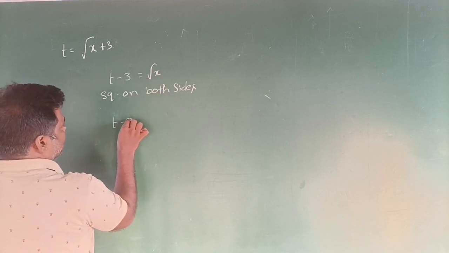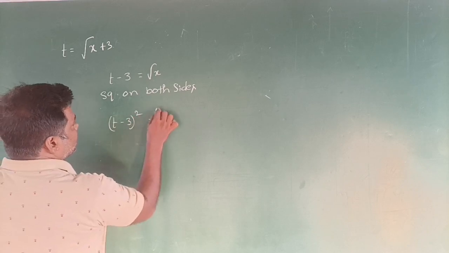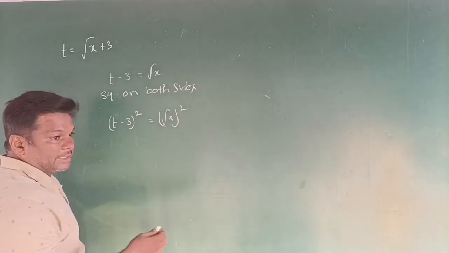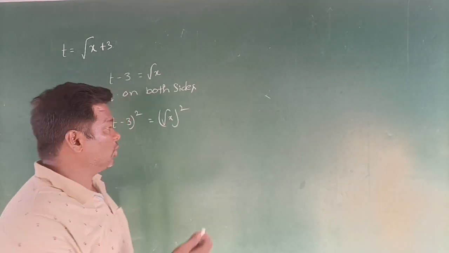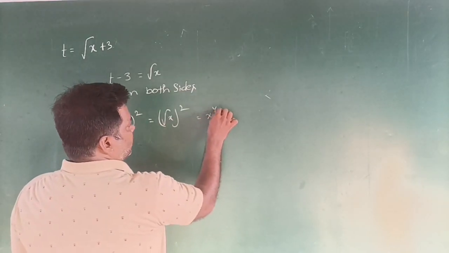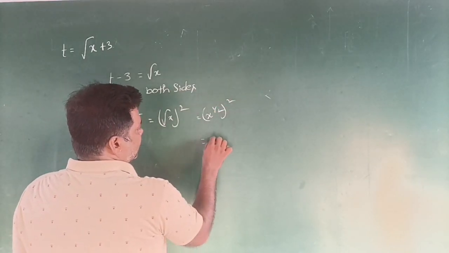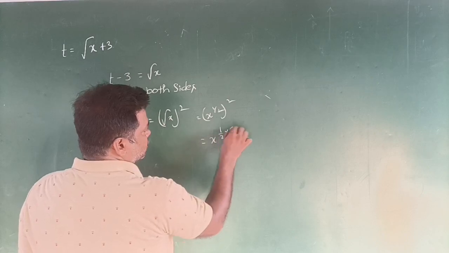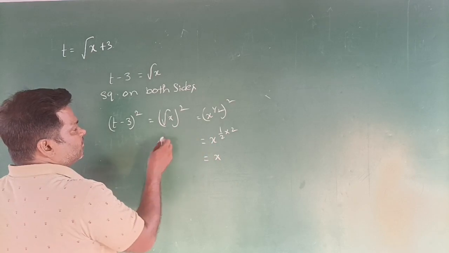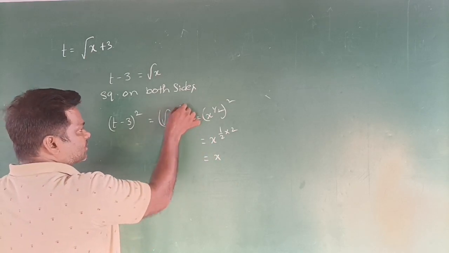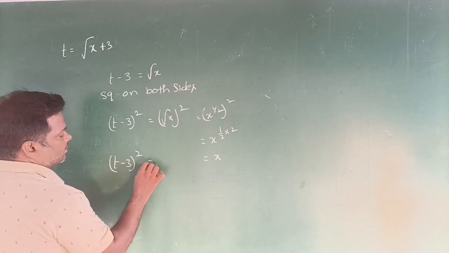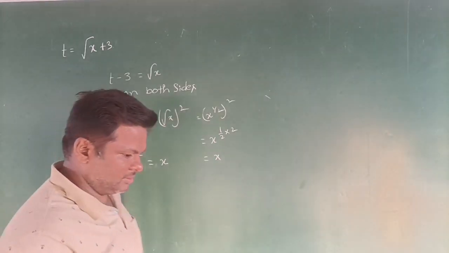Root x whole square, we all know that root x is nothing but x to the power of 1 by 2, whole square. 2 will get cancelled, you will get x only. So in an easy method, we are cancelling this square and root. What you are getting? t minus 3 whole square is equal to x.